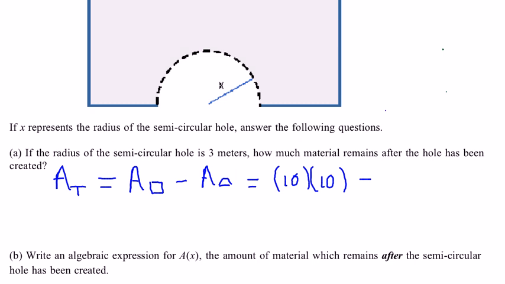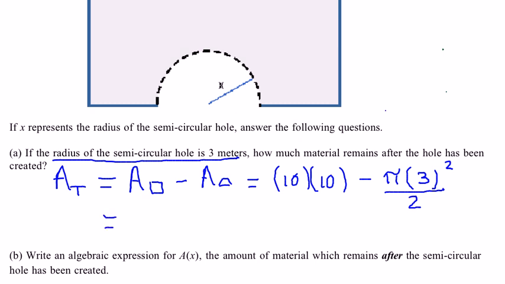Now, I know from geometry that the area of the semicircle is pi times its radius, which in this case we have a radius of 3 meters. That's what's given in the problem. So pi times the radius squared, or pi times 3 squared, divided by 2, remember, because it's only half of the circle that we're interested in. Okay, and this is sufficient information for us to solve this problem.